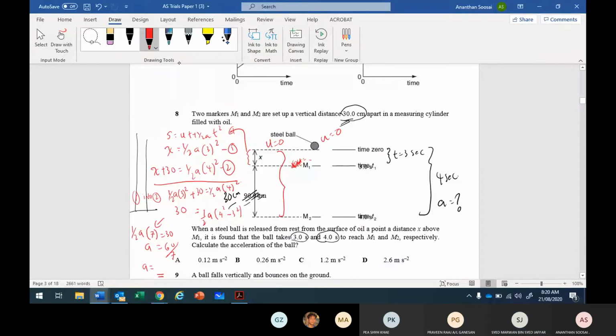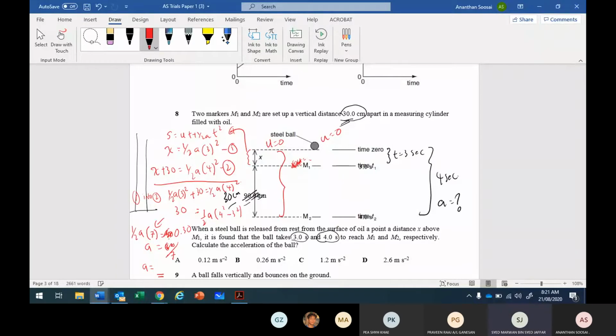Well, that means the mark scheme, they put 90 then. If you put 90, what do you get? Larger? Wait, maybe not. Let me try. Oh, I made a mistake. 30 centimeter is 0.3.